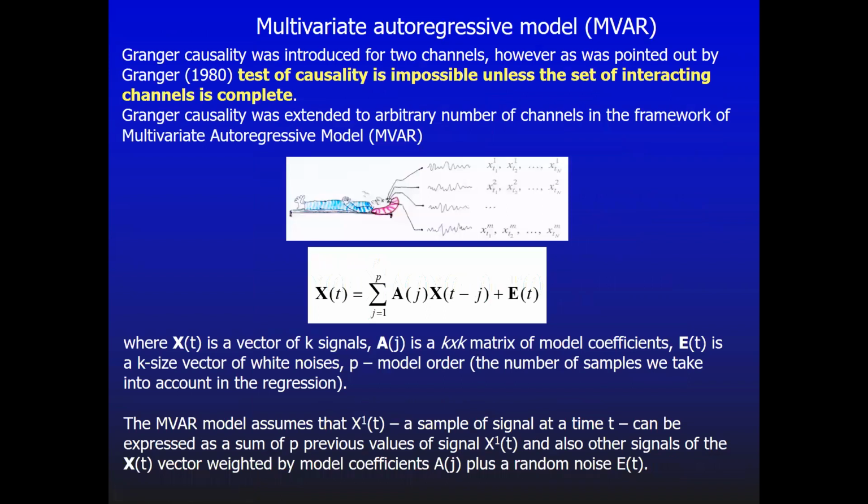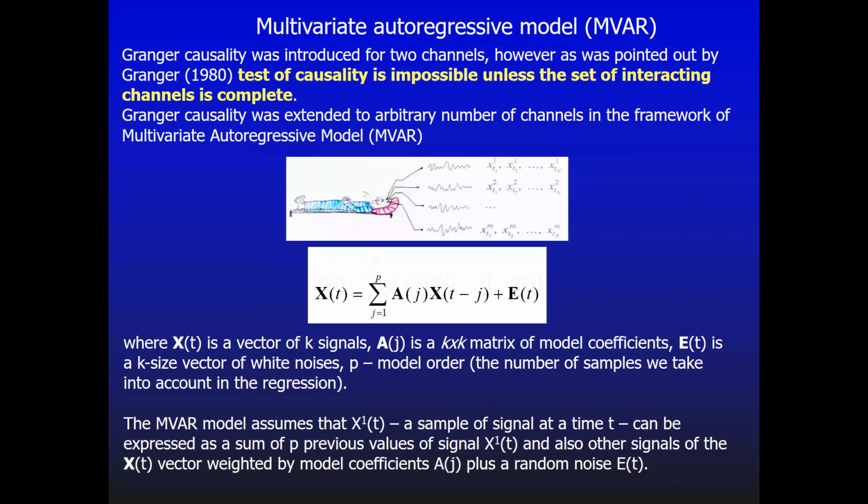Now, multivariate autoregressive model. Granger causality was introduced for two channels. However, as was pointed out later by Granger himself, a test of causality is impossible unless the set of interacting channels is complete. It is especially important in case of EEG.